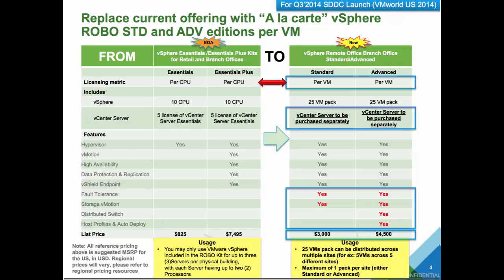Okay, and you see right below that, ROBO licenses come in 25 VM packs. Those 25 VMs can be spread across several sites. So that is some flexibility that they've added in there, a great improvement. So for example, if you've got 5 sites and 5 servers per site, you can use one 25 VM ROBO pack for those 5 sites and those 25 VMs.